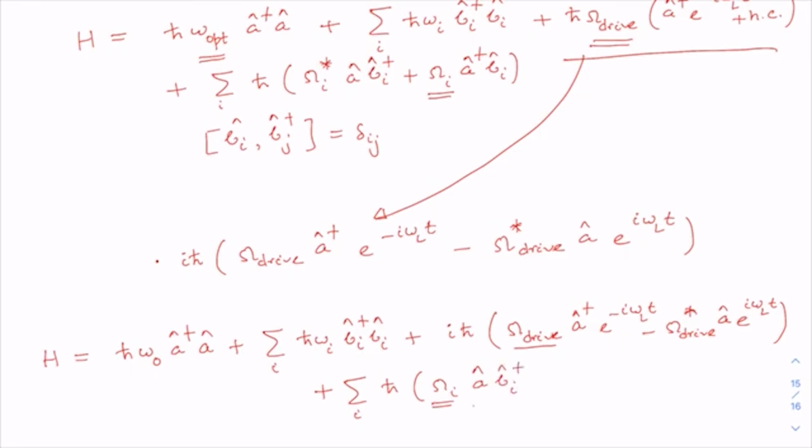So what this particular term says is that when an optical cavity photon is getting annihilated, this results in the creation of a Bath mode, or the opposite process can also happen.